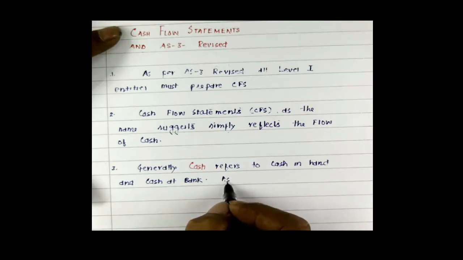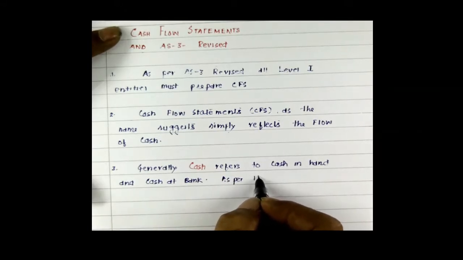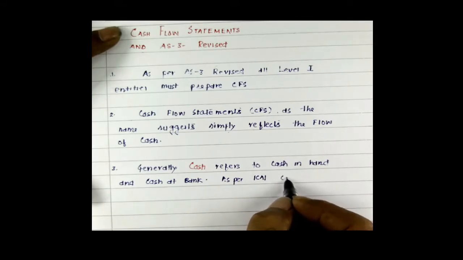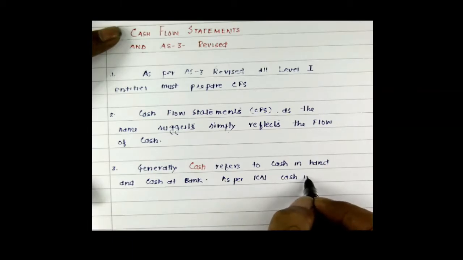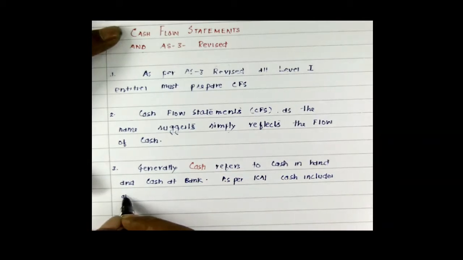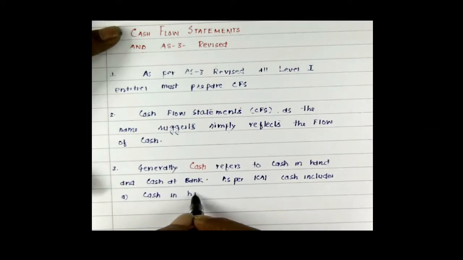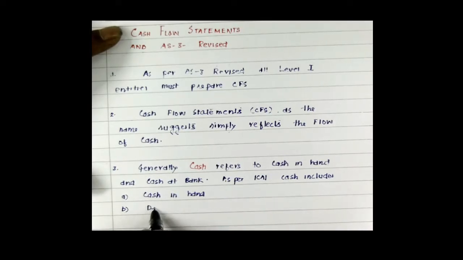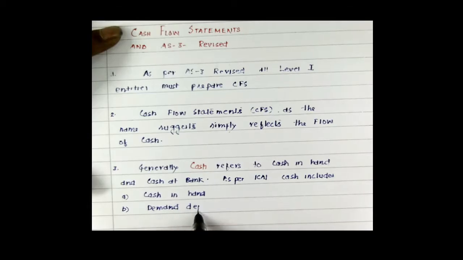As per ICAI, that means Institute of Chartered Accountants of India, cash includes A, cash in hand, B, cash at bank, that is demand deposits with bank.